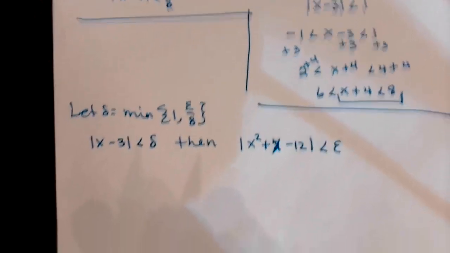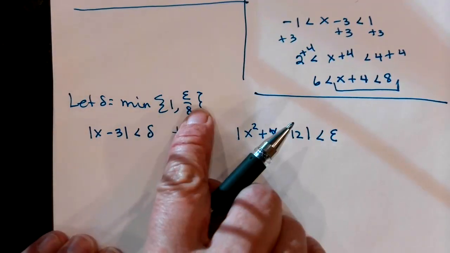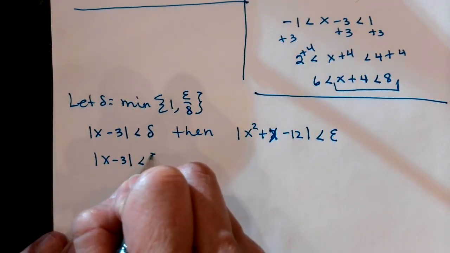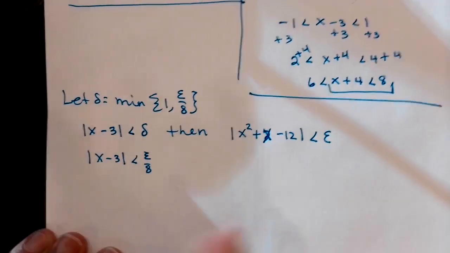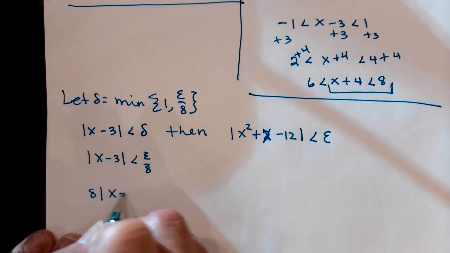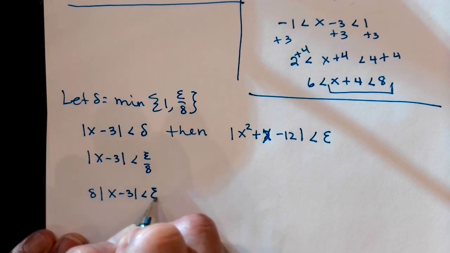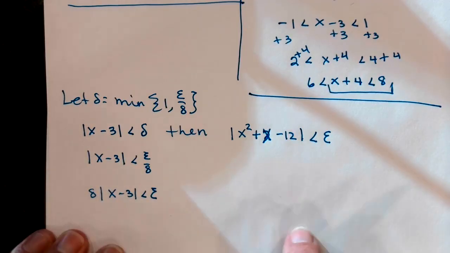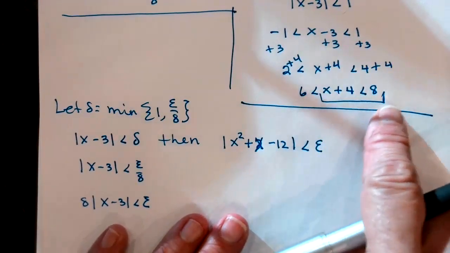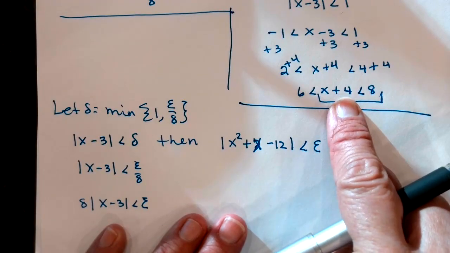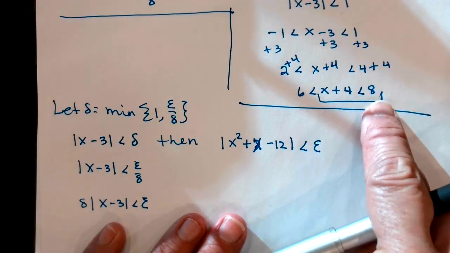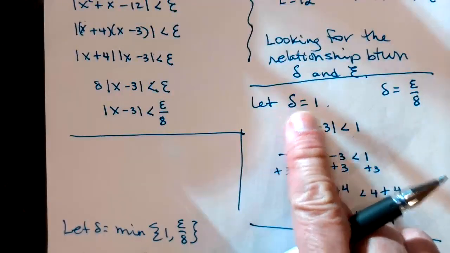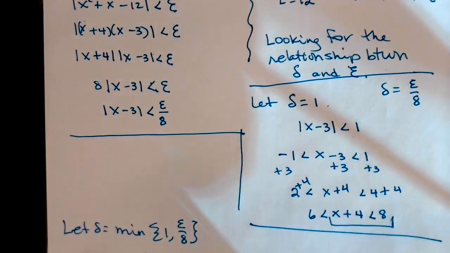Go ahead and replace the delta with the epsilon over 8. So the absolute value of x minus 3 is less than epsilon over 8. Multiply both sides by 8. I'm not taking the 8 inside the absolute value like we did when it was linear, because now I look back up here. I know that x plus 4 is always going to be less than 8, because the most it can be is 8 if delta was 1.